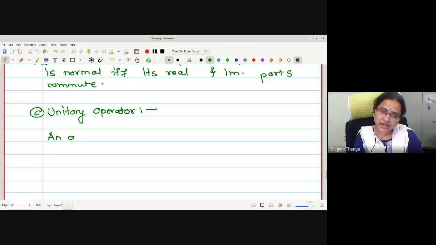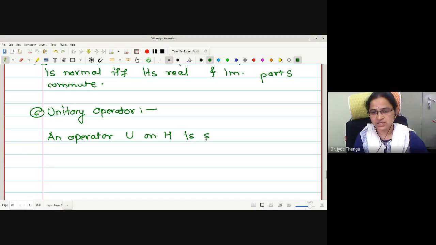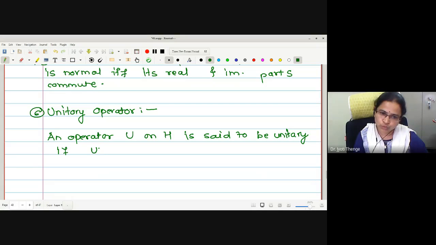Definition: an operator U. For normal we have used N, for unitary we are using U. An operator on a Hilbert space H is said to be unitary if U star U is equal to U U star is equal to identity.